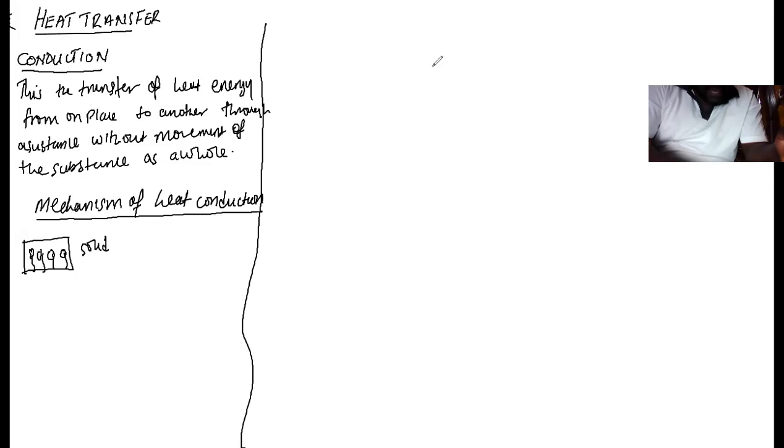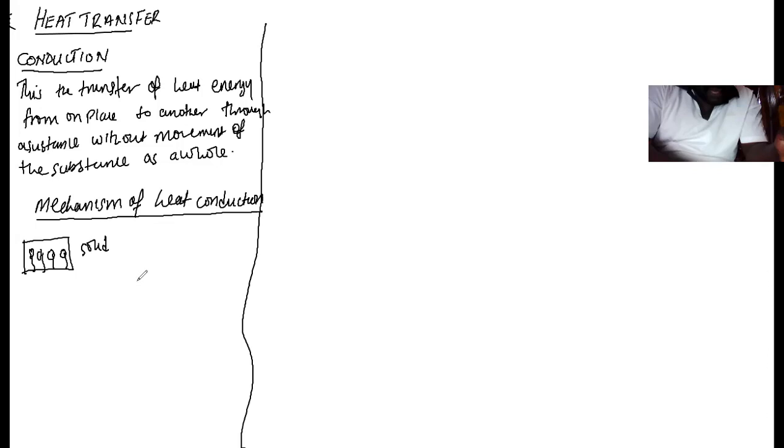Then the other thing I should mention out of this is that the reason why the metals are better is because for them we have said they conduct heat, mainly due to free mobile what? Electrons.